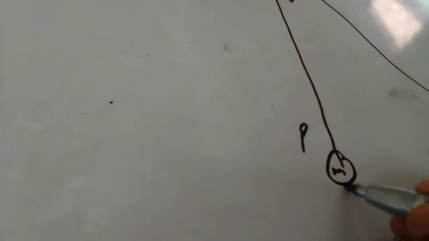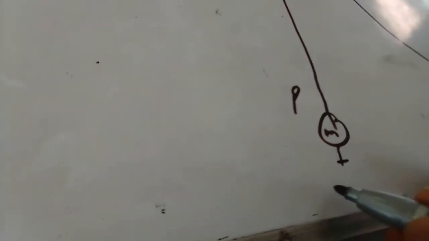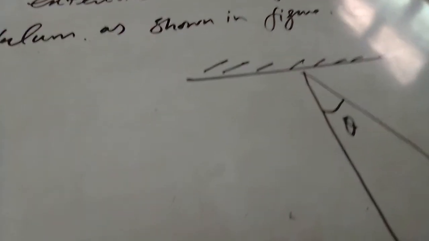Two forces are always acting on a bulb of mass m. One is the downward force, W is equal to mg. And the upward force is called tension.